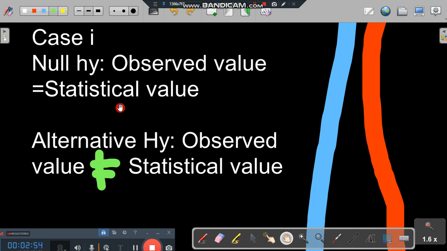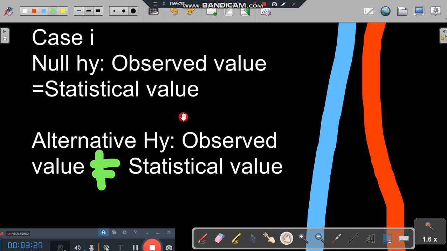This is the first case where the alternative hypothesis is not equal to. Now there are some cases where the alternative hypothesis would have two chances. One is that the observed value is greater than the statistical value. The other choice is that the observed value is less than the statistical value.